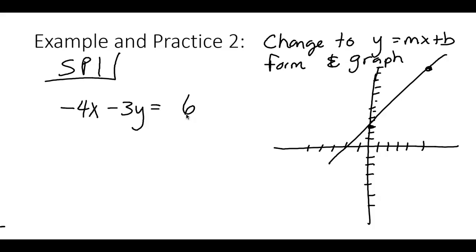Get done, check your work with a neighbor. We're going to go over it shortly. This one's good. 4 over 3.